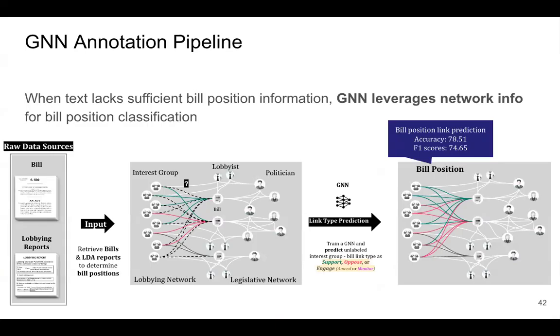Other people have done human annotation of a small set of lobbying reports to see whether they're opposing, supporting, amending or monitoring. Using GNNs, we get an accuracy of about 78%.